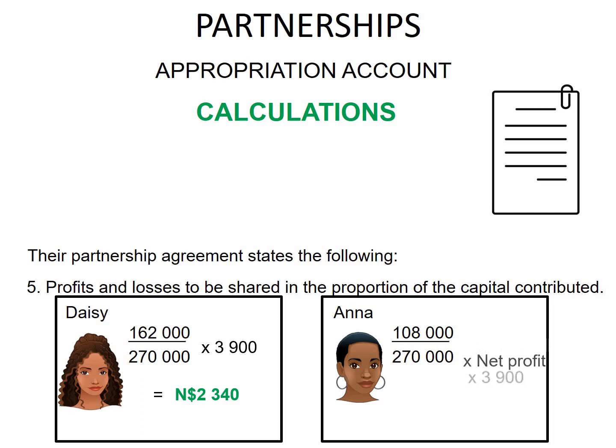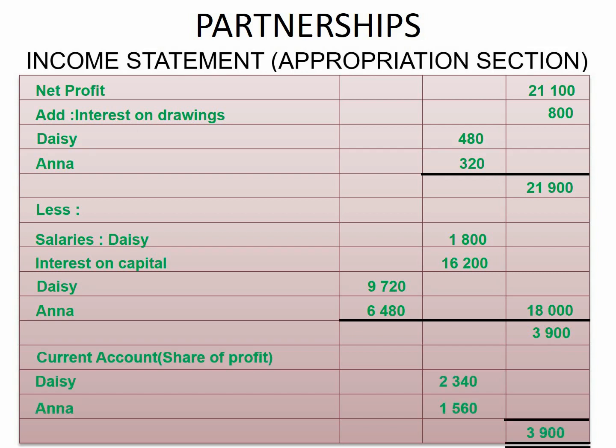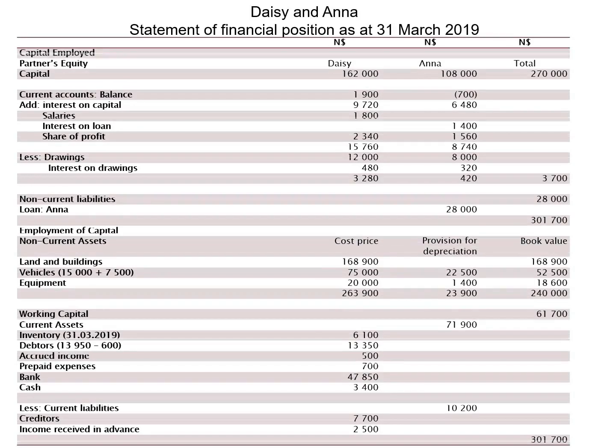Let's do the same for Anna. 108,000 over 270,000 times 3,900 will give us a profit share of 1,560. Now after we've calculated each partner's profit share, we can enter that in our appropriation section. Let's have a look at our statement of financial position.